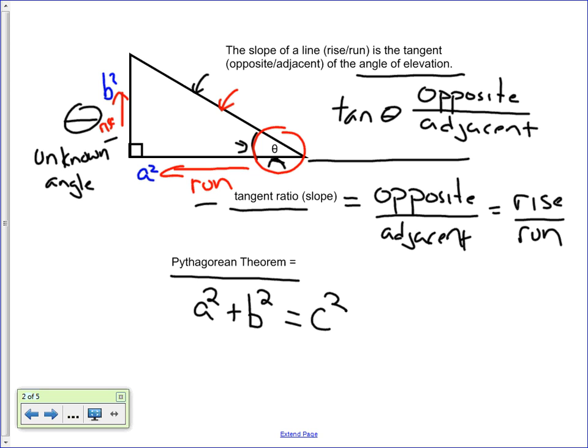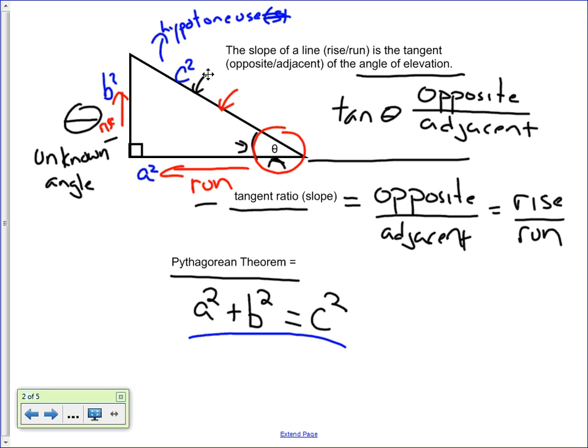B squared is our rise, and c squared is what we call the hypotenuse, which is really just the line itself. So if I wanted to measure how long a board I would need for this line here, and I knew what the rise was and what the run was, I could apply this formula to calculate the length of that board.